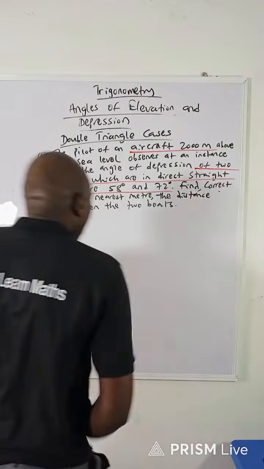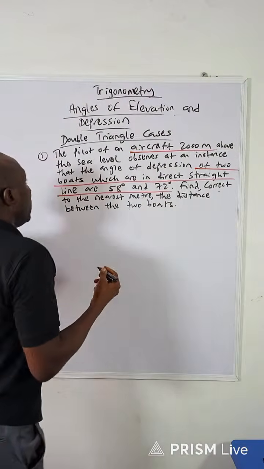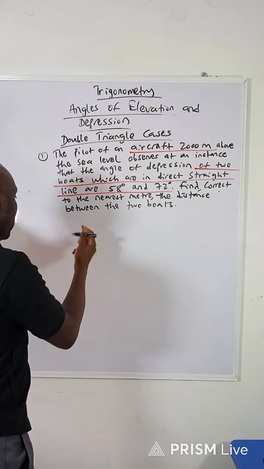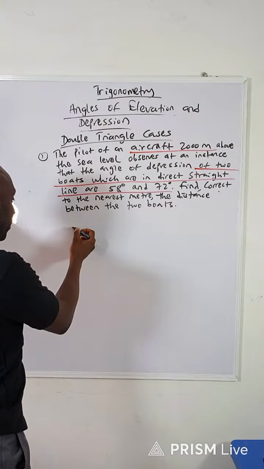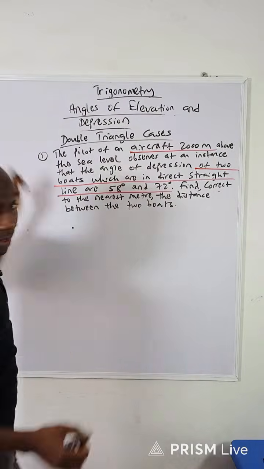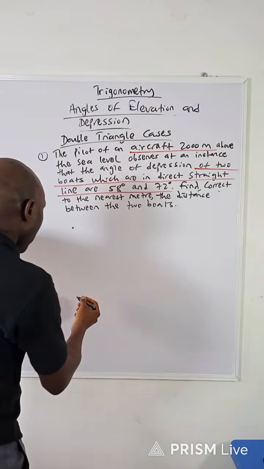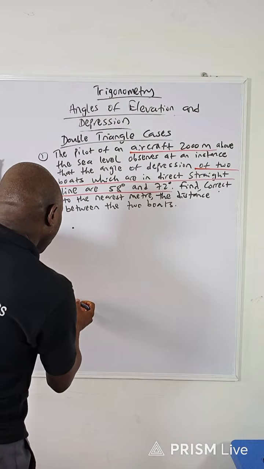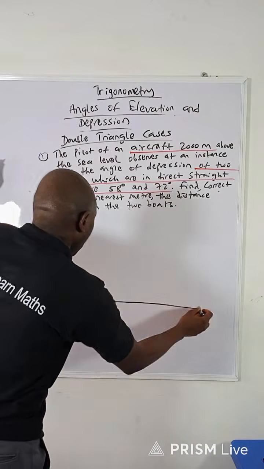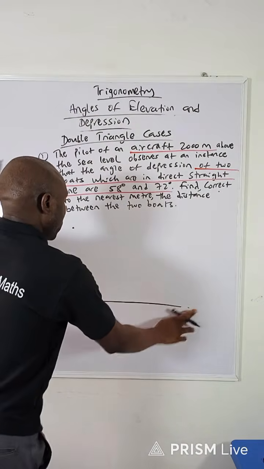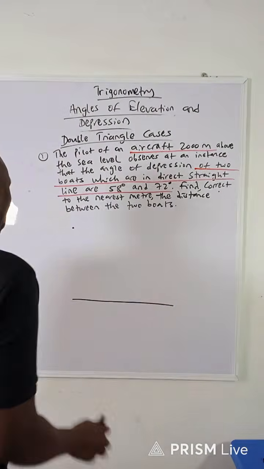Lovely question, everybody. So let us look at this. The pilot is here, and let's say this is the horizontal on the ground. And let's say the two boats are here.